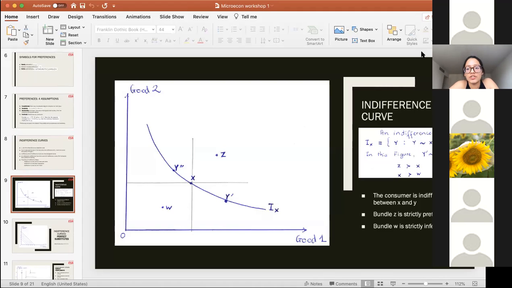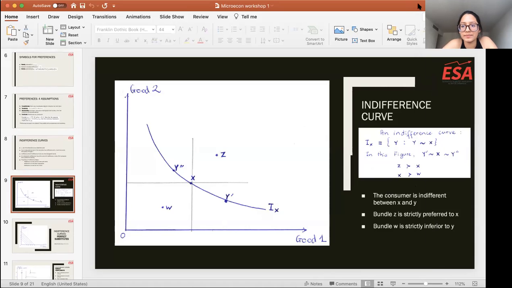Yeah, this is what a normal or general indifference curve looks like. On the right side, X is indifferent to Y. So basically the consumer here is indifferent between goods X and Y. Bundle Z, which you can see over here, is strictly preferred to X, and you can see that because it's above the curve.